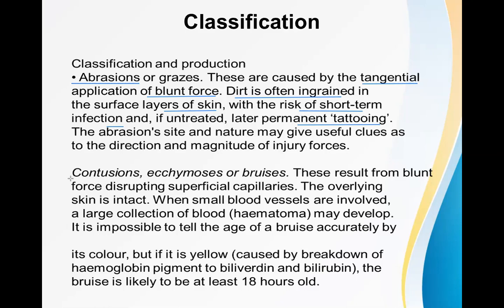Whereas another type of wound is called contusion, also known as ecchymosis or bruise. But frankly speaking, ecchymosis is not a good term here, because ecchymosis is a type of, yes, anybody tell me what is ecchymosis actually? I'm sure you know this. Anyone? Ecchymosis means what?